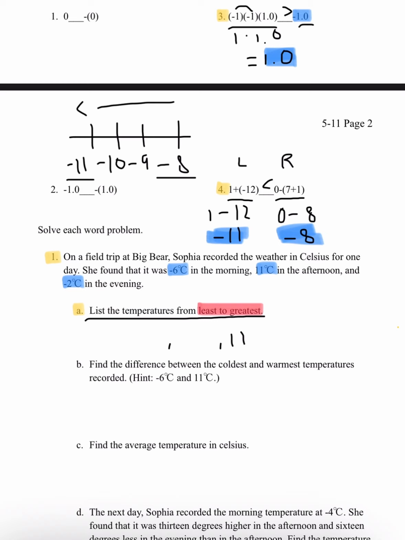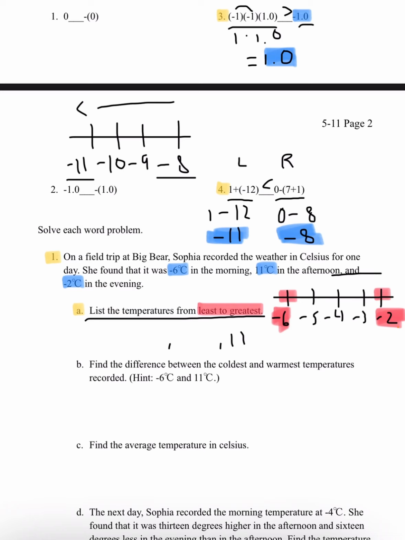So let's put that on a number line to help us. This is negative 2, negative 3, negative 4, negative 5, negative 6. And our numbers are negative 2 and negative 6.